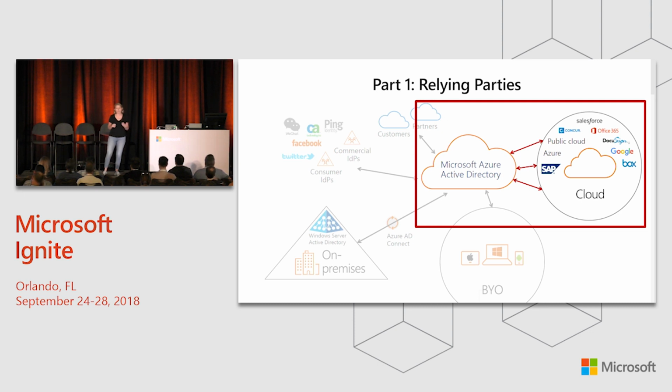So a relying party is an identity standards name for an application or a resource that is relying on information rather than storing it itself, right? So if you were to take this diagram and get rid of the arrows, get rid of the central control plane, what would you have?